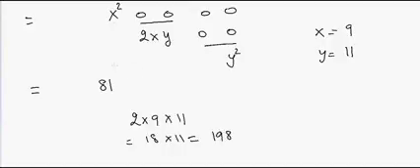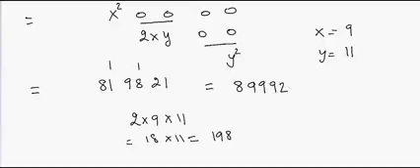So we'll have 198, and then we have y square. So 11 square is 121, so 21 and 1 here, right? So in that case the answer would be equal to 899921. So that's your answer.